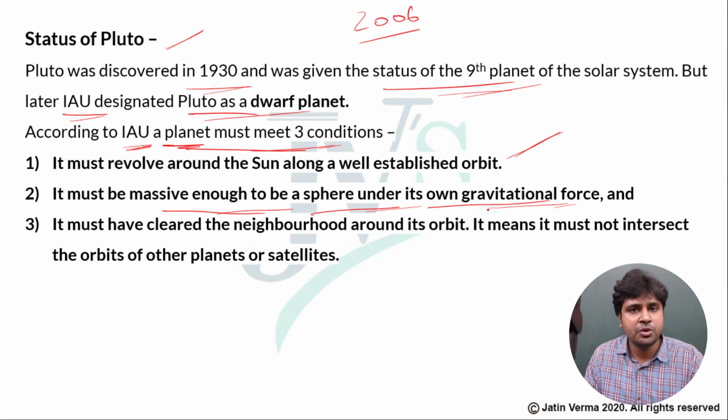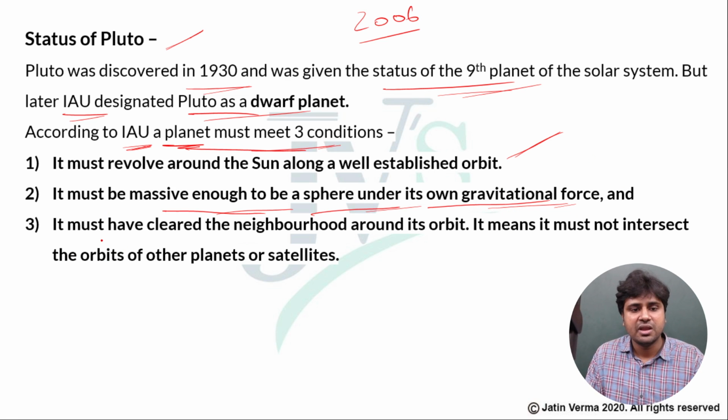So, what is the meaning of this? Planets are spherical in shape because planets have a large mass. Due to this large mass, there is a lot of gravitational energy. This gravitational force will shape the planet into a sphere. I hope you're understanding. So, a planet must be massive enough to be a sphere under its own gravitational force.